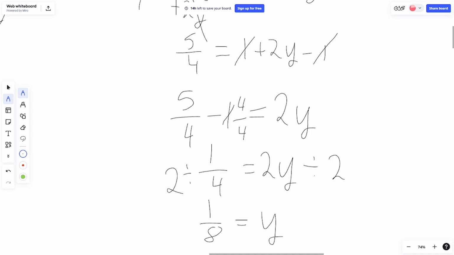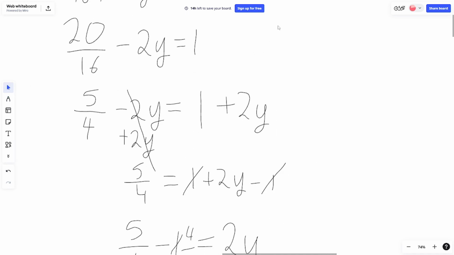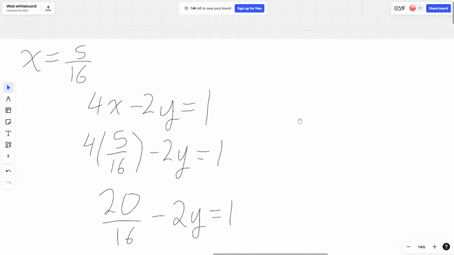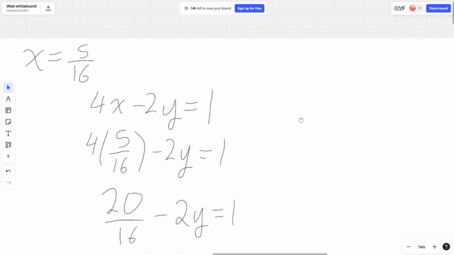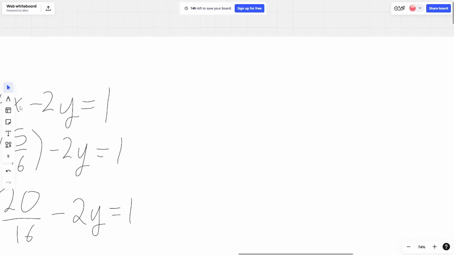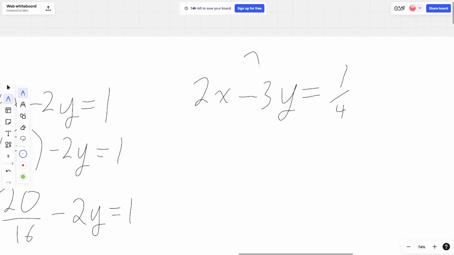Now we can also double check by placing x is equal to 5 over 16 in our first equation. So I'll go ahead and do that. 2x minus 3y is equal to 1 over 4, and x is equal to 5 over 16.